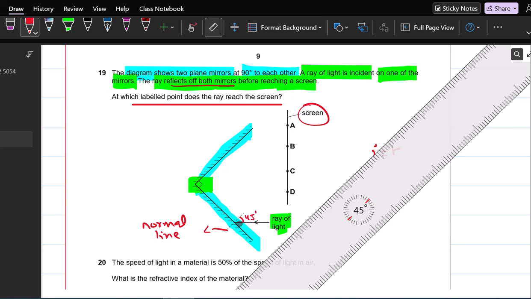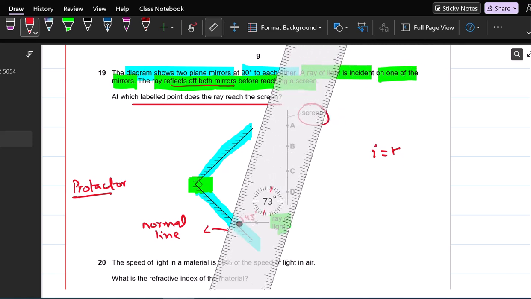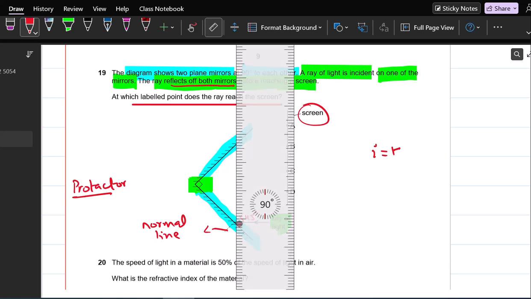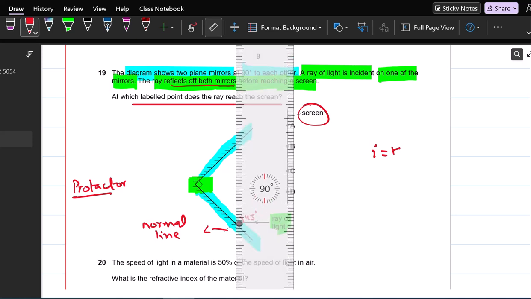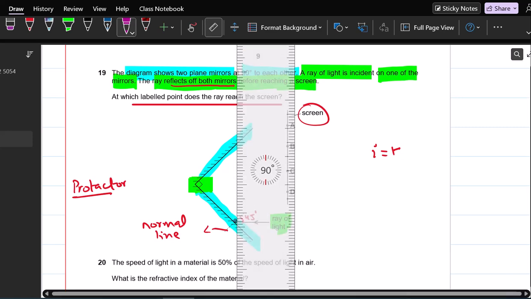So you can use a protractor. So what I do, I measure 45 degrees to the other side as well. So it becomes somewhere here. So this is going to be a reflected ray.